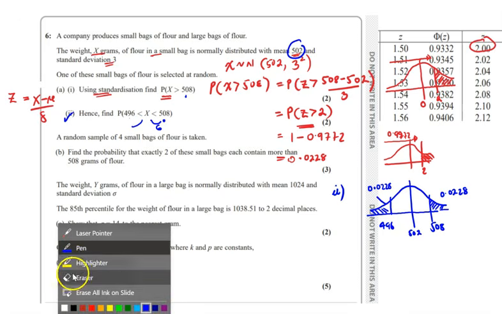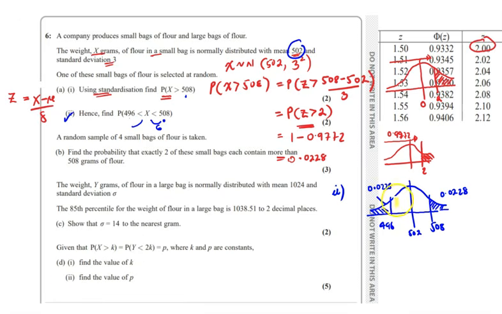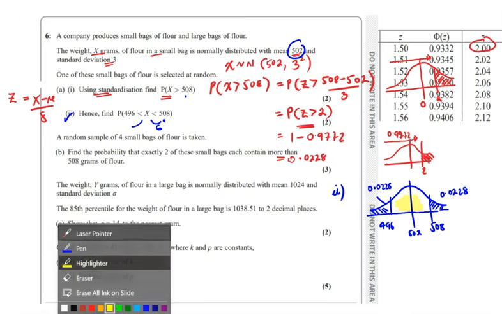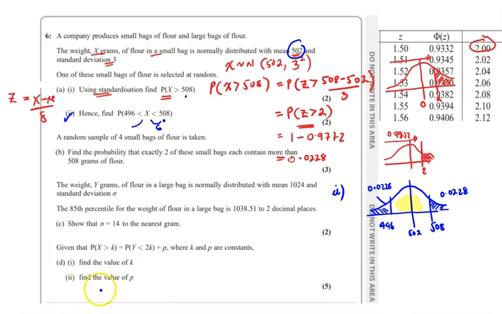You can do so many things here. What I can do, I can just get 1 minus 2 times 0.0228. That's the easiest way I can think about it. And then your answer is going to be 0.9544.